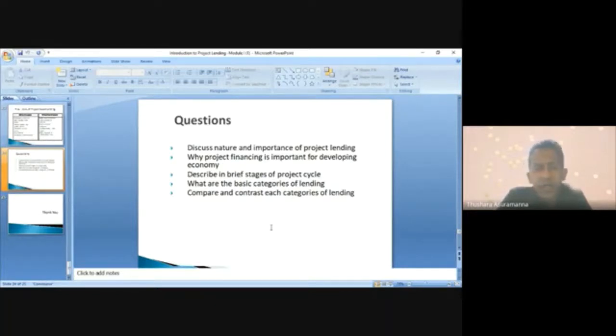These are the 5 areas we need to be thorough with once we complete the first lesson. These are the probable questions we can expect from the examiner. Hope that you have answers for all.